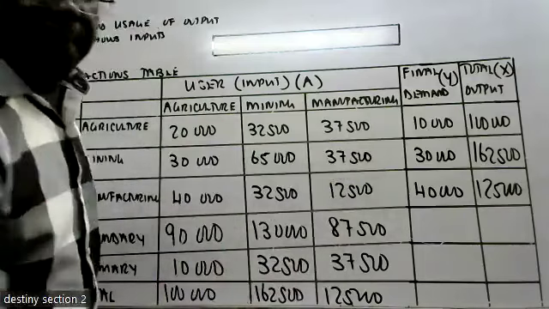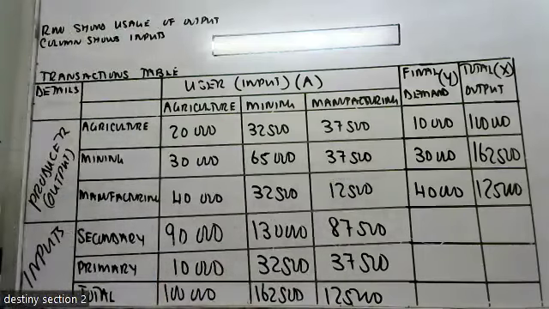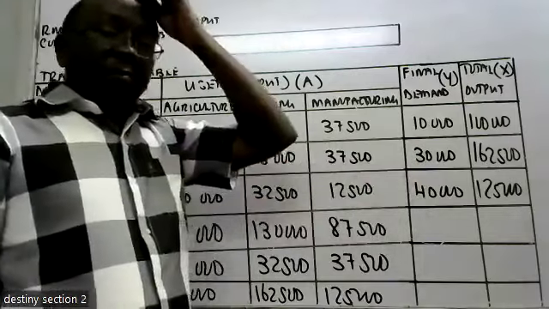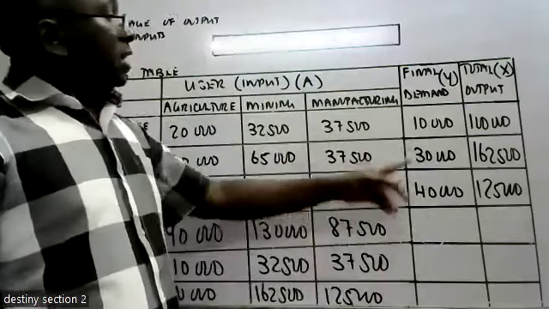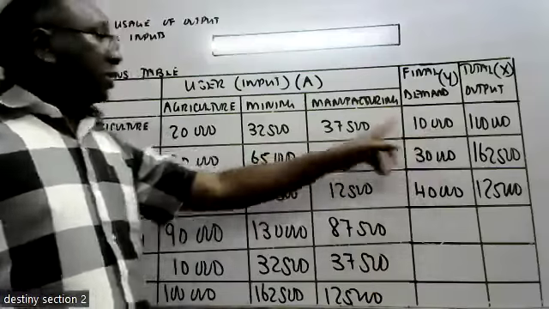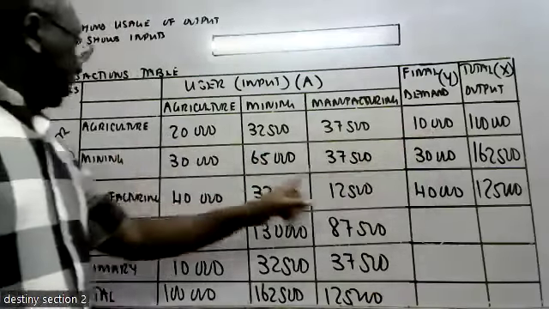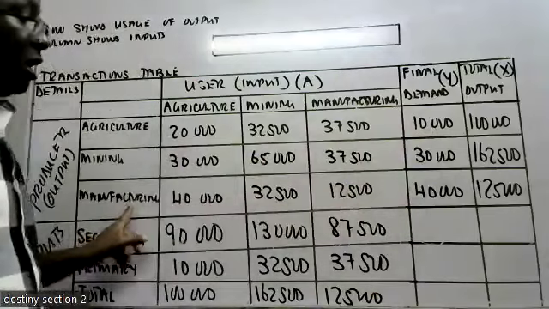Christy, yes, I have a question. From the interpretation that you have given, how will you interpret the column of final demand? The final demand is not interpreted, or in a simple way, if you want to interpret it, this is what the final consumers have gotten from agriculture, 30 from mining, and 40 from manufacturing.